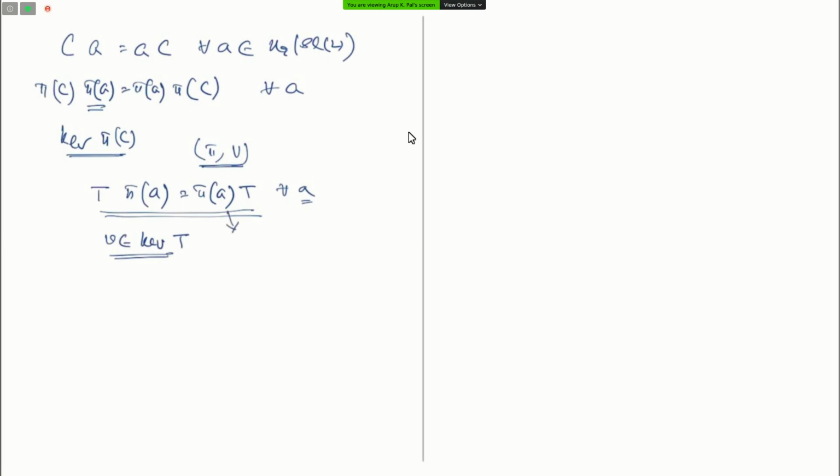What do you get? T of phi A applied to v is phi A applied to T of v. But T of v is zero, since v is from the kernel of T. So this is 0, and this would mean that phi A v belongs to the kernel of T again. So which means that the kernel is invariant.